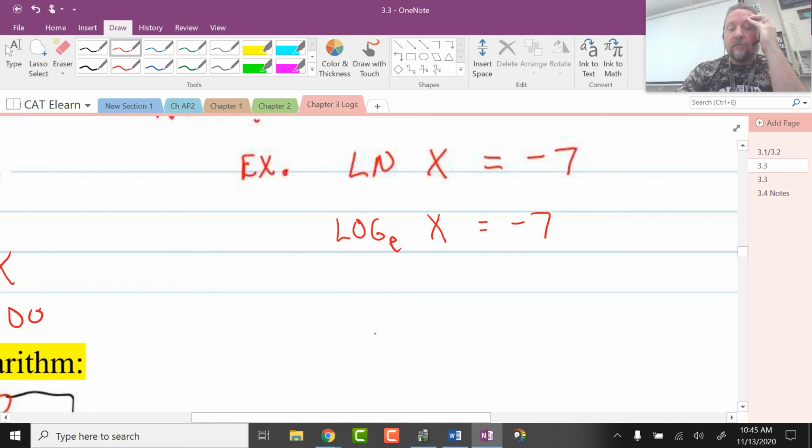Who's the base? You just gave me that the base was e. So it's log base e, but it's e. And then what's the exponent? And then equals what? There you go. And then that's what x equals.